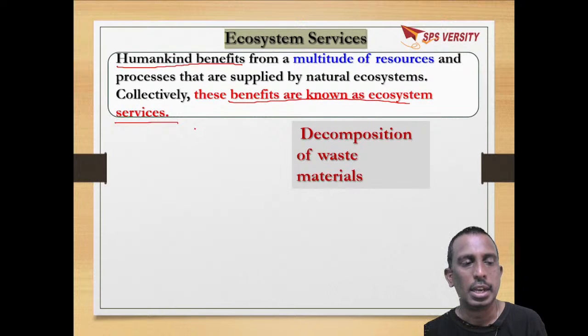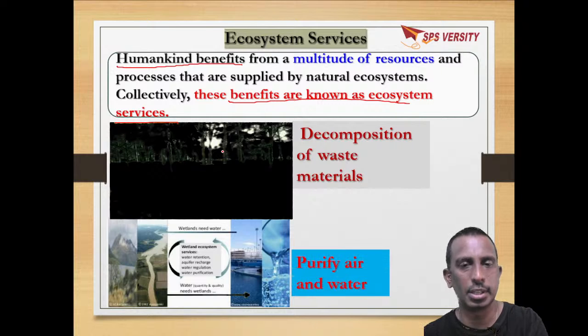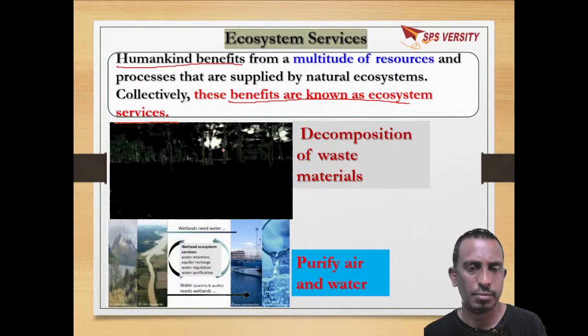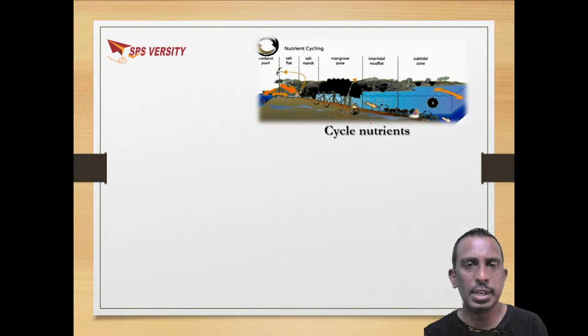Like one is decomposition of waste material. Here you can see decomposition: fragmentation, leaching, catabolism, humification. Next, purification of air and water, by photosynthesis and various processes. Nutrient cycling, that is biogeochemical cycles, whether it be the carbon cycle, phosphorus, sulfur, water, or nitrogen cycle, these are nutrients.